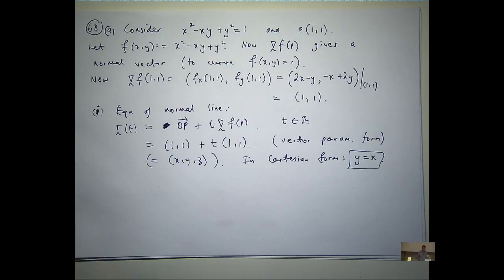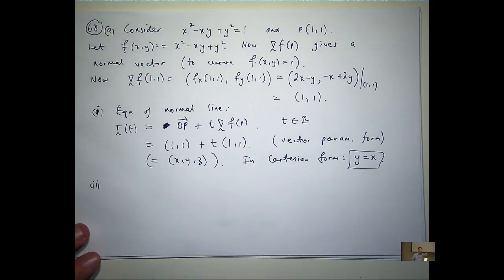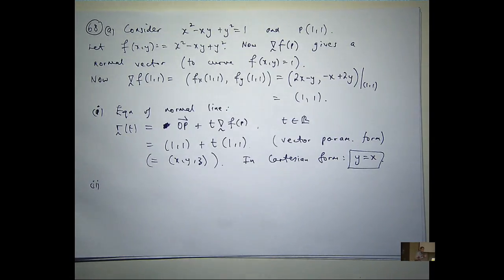So you can hopefully see that having a normal vector to either a curve or a surface can lead to really good things. We can get equations of normal lines, we can get equations of tangent planes, and all sorts of things. Part 2 is slightly trickier. What they want you to do is calculate the equation of the tangent line to this curve at this point using the gradient.